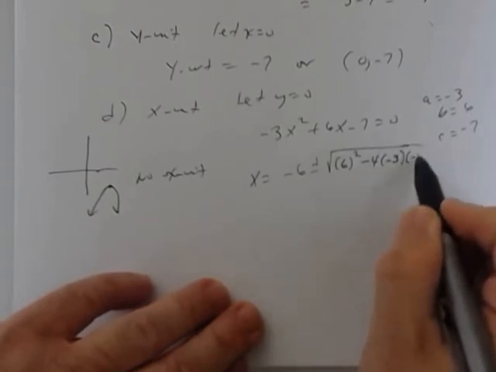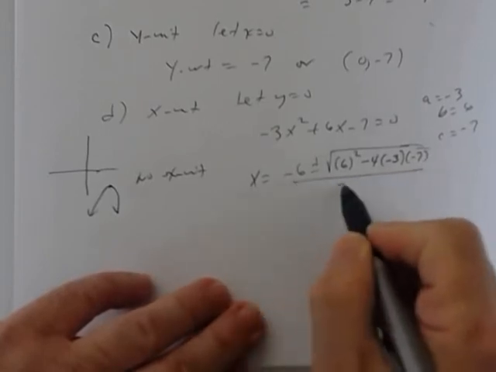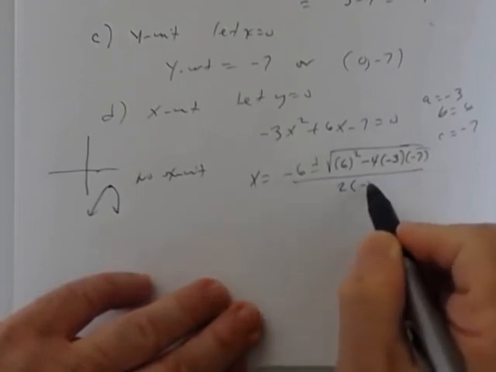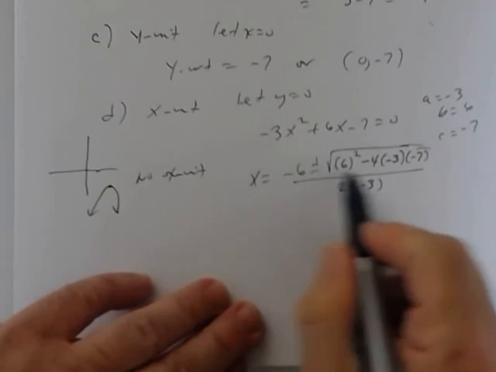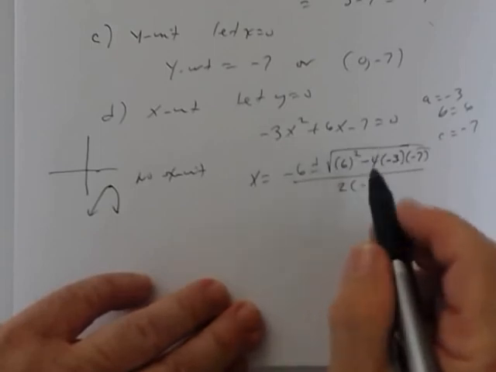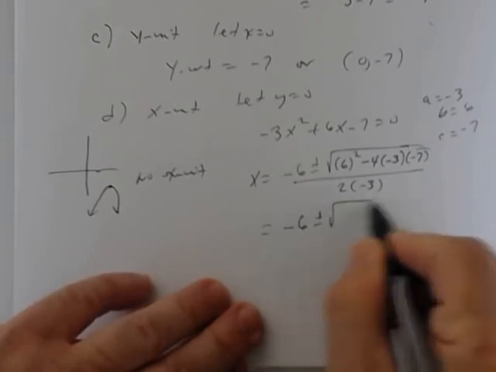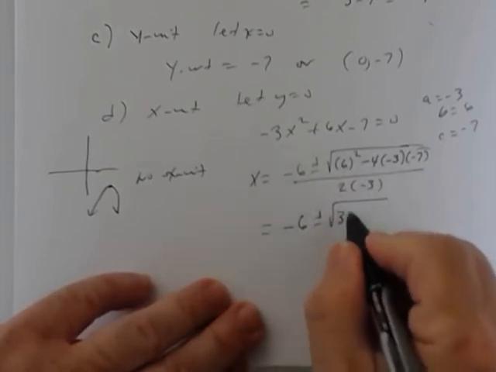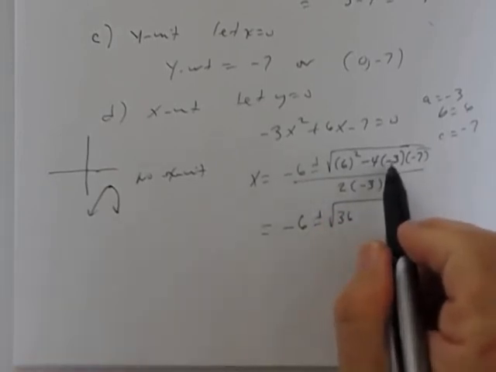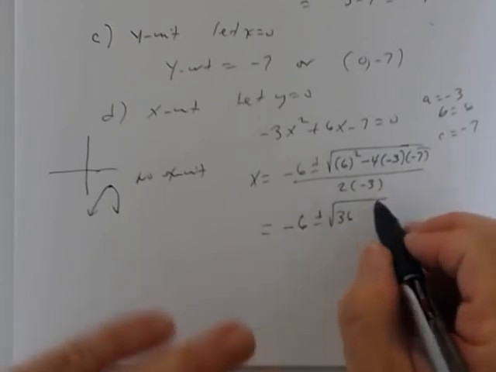Times c, all over 2 times a, and a is what? Okay. Now remember, we simplified the radicand, correct? Okay, notice what happens. Negative 6 plus or minus the square root of, what's 6 squared? Okay, now, what's a negative times a negative times a negative? A negative.